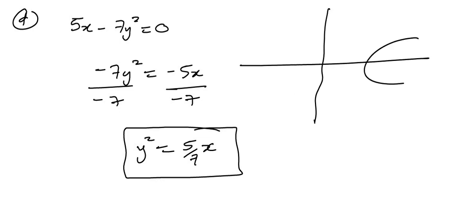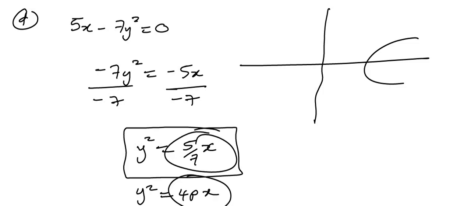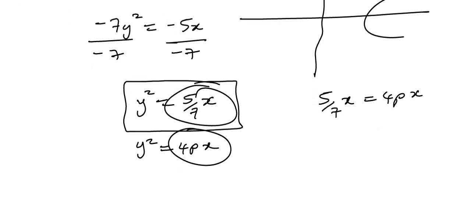From the general case, y squared is equal to 4px, so equate this part to this part. That's going to be 5 over 7x is equal to 4px. From here, you can cancel the x, meaning 4p is equal to 5 over 7.